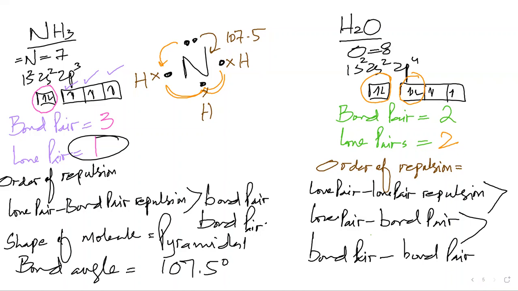And in this, how is the oxygen atom arranged? This is oxygen. This is one lone pair. This is the second lone pair, which is just opposite to each other. This is one bond pair and this is the next bond pair, which is just opposite of each other.